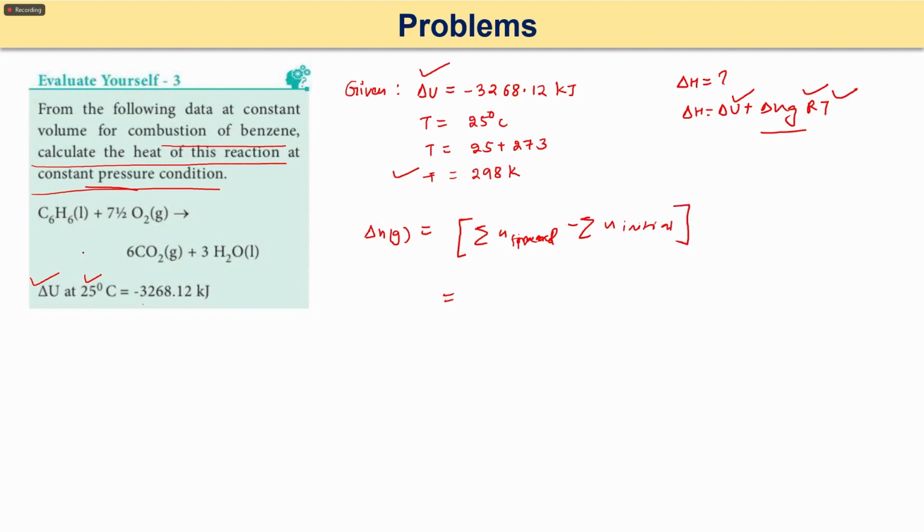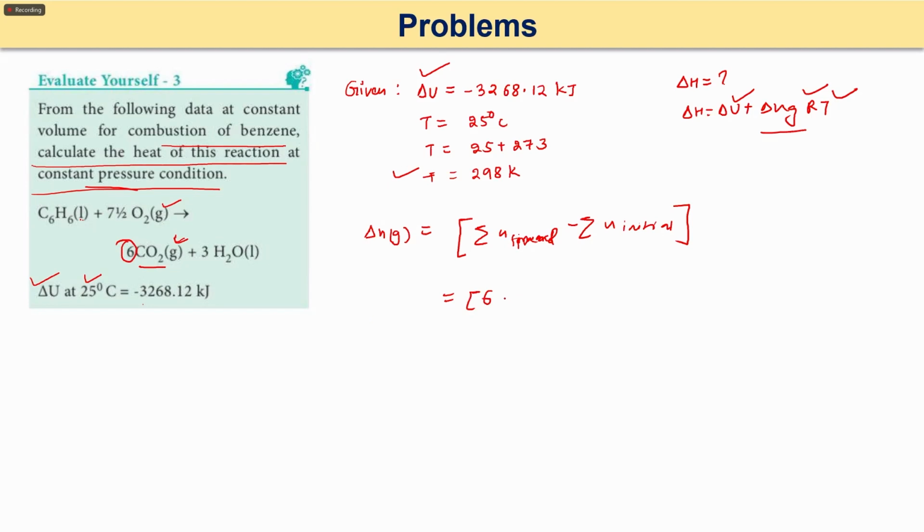So this is your reaction. Okay, C6H6, which is in liquid state, plus 7 into 1 by 2 oxygen, which is in gaseous state, and your carbon dioxide is in gaseous state. So on the product side, what is in gaseous state? Your carbon dioxide. So we will take the moles of this.